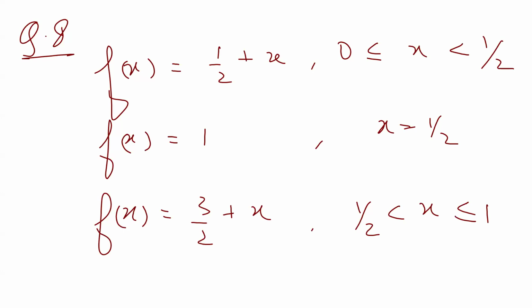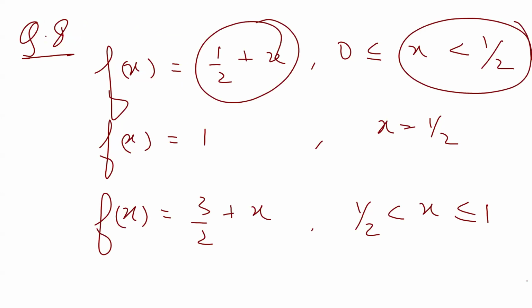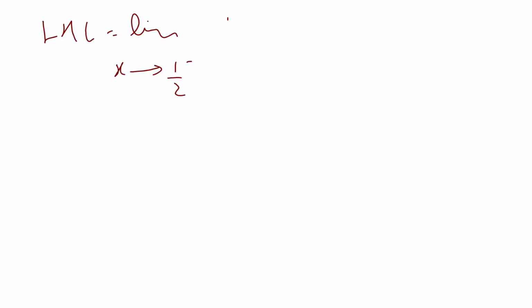Now we have to discuss the continuity at half. So left hand side limit, x approaching half minus. Minus is always left hand side. Meaning of half minus is x is less than half. So when x is less than half, it is this function half plus x. So here I'll just write half plus x.